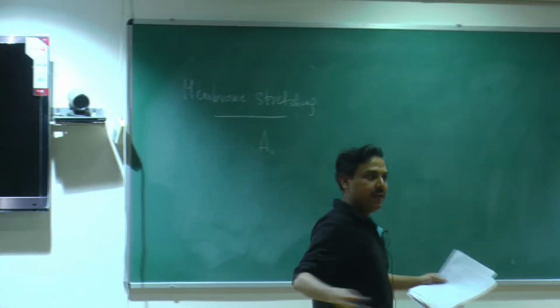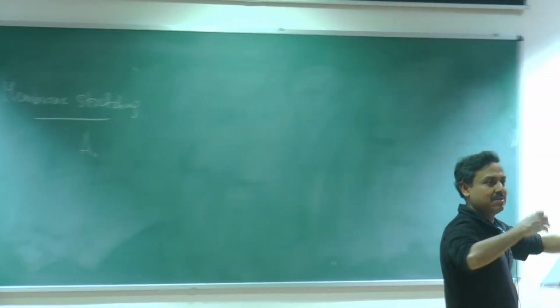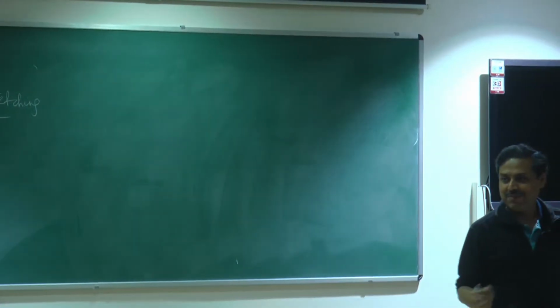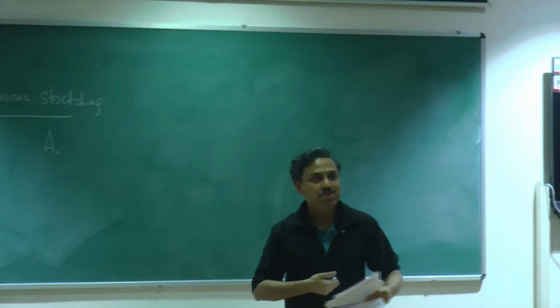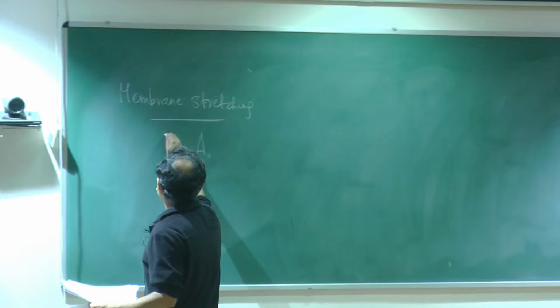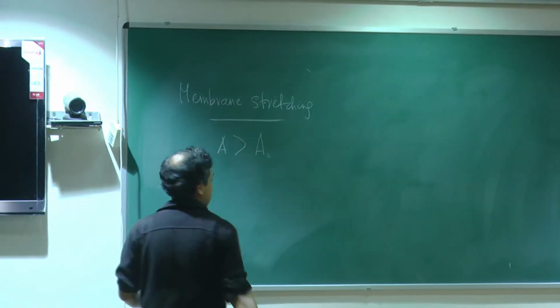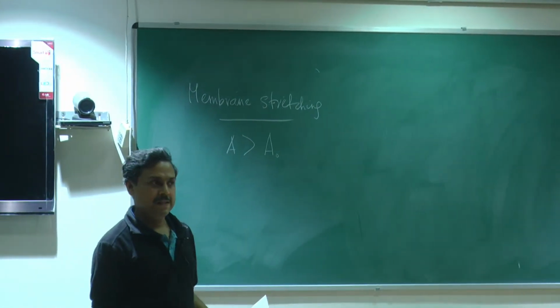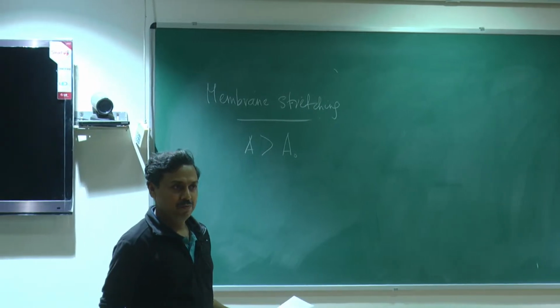That's the area when there are no problems with it. I'm just taking that, and now what I want to do is stretch it so that the area increases to some A which is greater than A naught. That's what I'm trying to do.